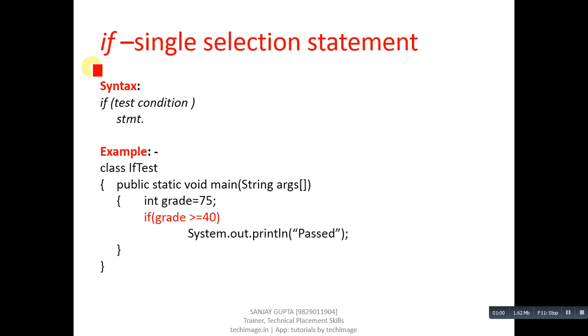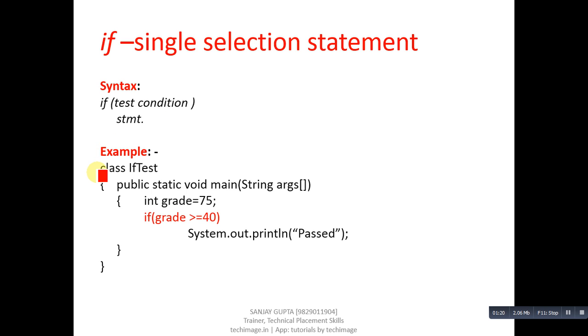Now the first one is if, the single selection statement. This is the syntax of the single selection statement. Here only the true part is available, with the if test condition mentioned. If this condition is true, then the statement will be executed. If the test condition is false, then nothing will happen.